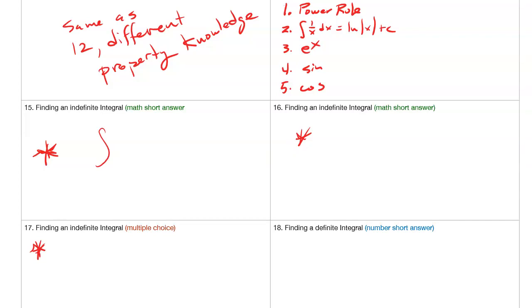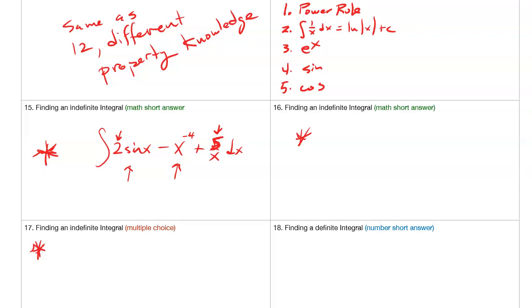So you might have a question that says, find the integral of 2 sine of x minus x to the negative 4, plus 1 over x, something dumb like this. So for this type of question, you would have to know that each one of these 3 is different. Let's put a 5 there. And then also needing to know properties, like the multiplier of 2 and the multiplier of 5 don't affect the integration. They just are going to be multiplied on the integration.